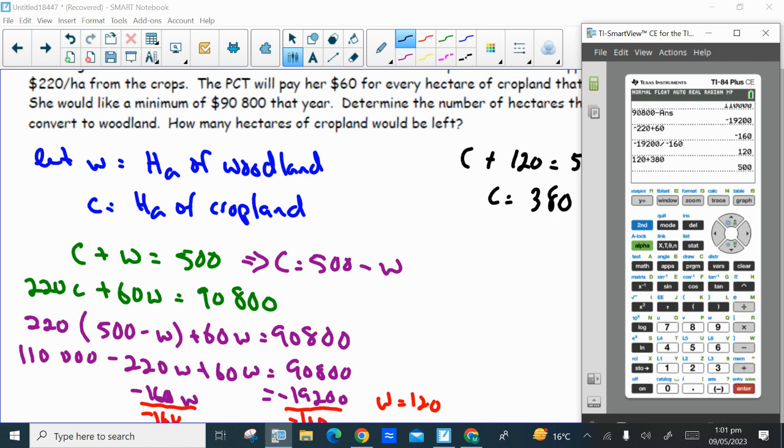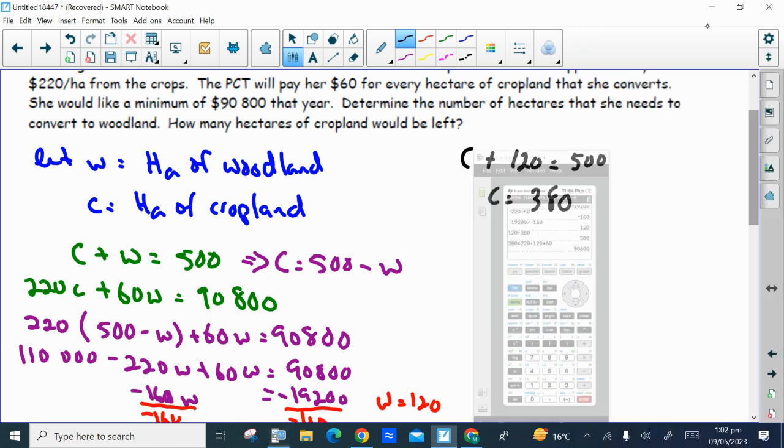Yep. And then if you take the 380, that's how many hectares of cropland she's going to have left, and you multiply that by $220 per hectare, and then you add the 120 hectares of woodland times $60 per hectare that they're going to pay her, that equals her 90,800.